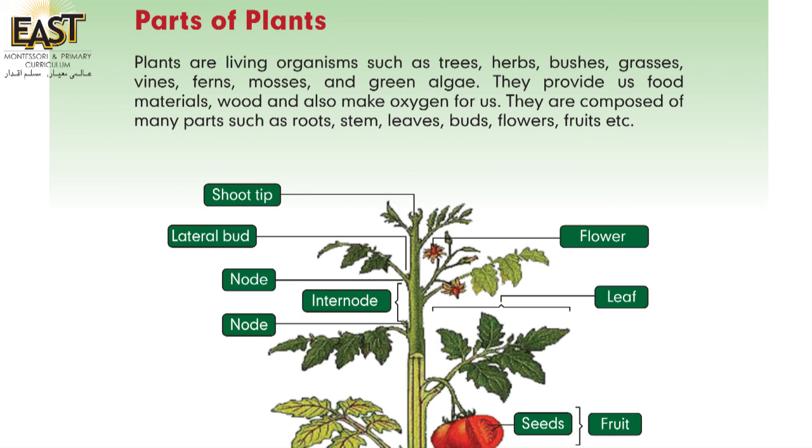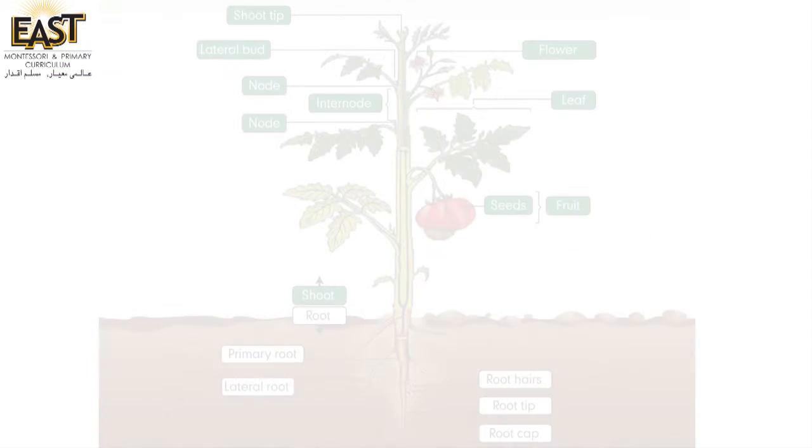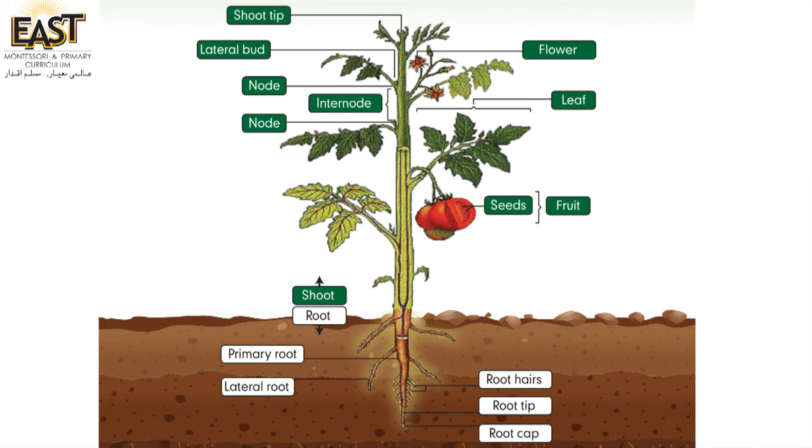So you will read this, and first you will look at this picture: shoot, tip, lateral bud, node, internode, shoot, roots, primary, lateral roots, root hair, root tip, root cap. You're going to look at this diagram and draw it in your copy, and you will read this passage.